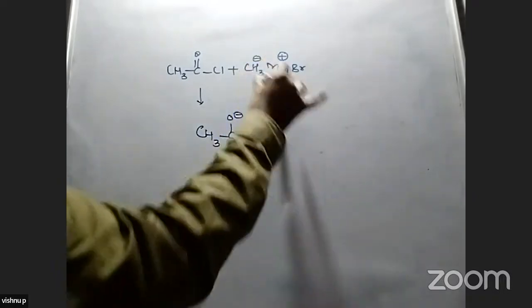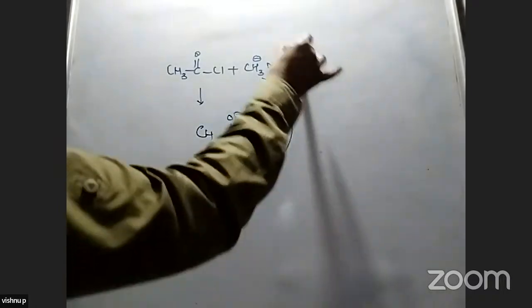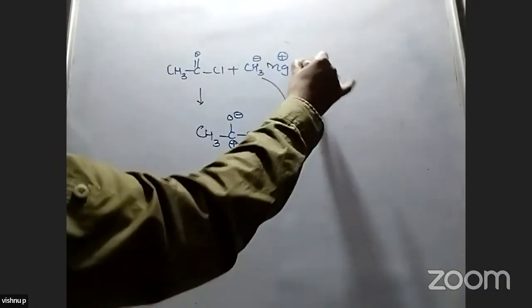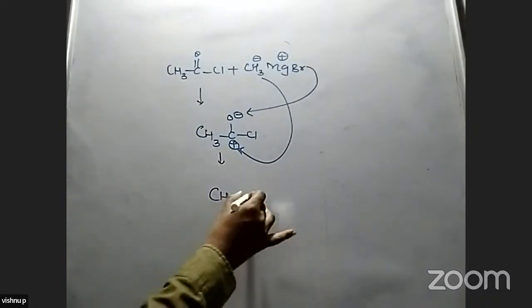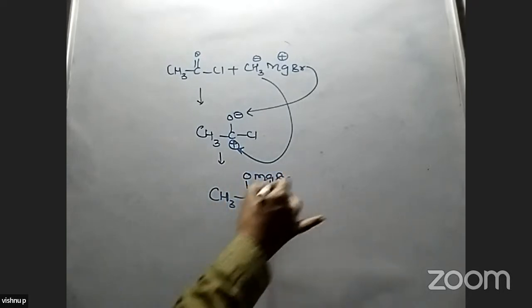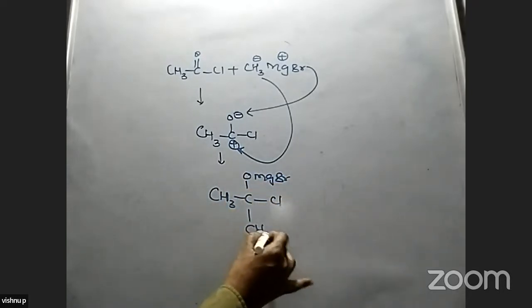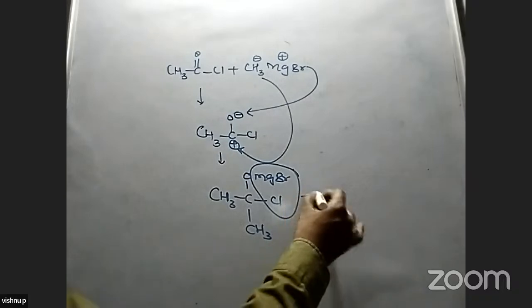So this minus group is added to carbon, and this plus group of MgBr is added to oxygen. And the compound is CH3C with OMgBr, Cl and CH3. We get this compound. So here MgBrCl is separated.